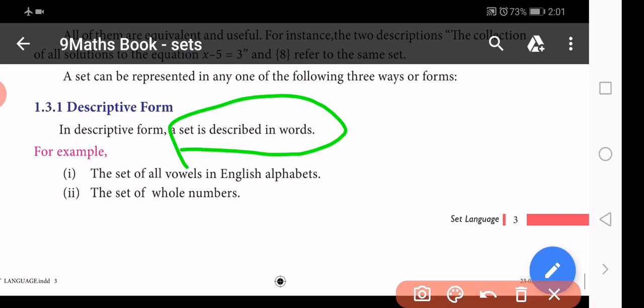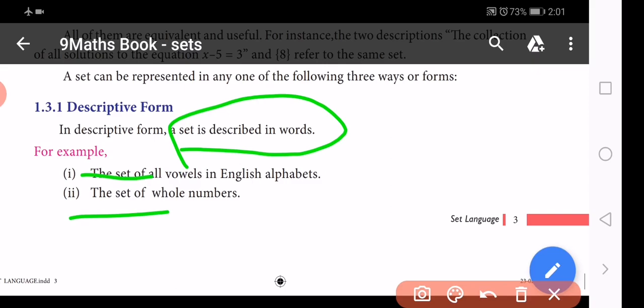We write the verbal description in a sentence form or statement form. That means a set is described in words only, and each and every set starts with "the set of".